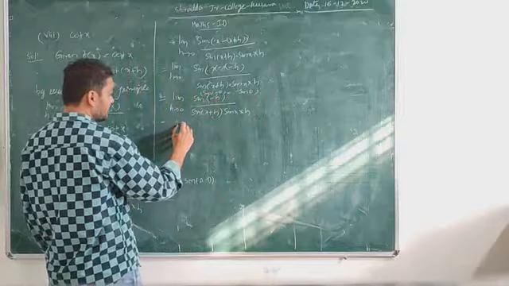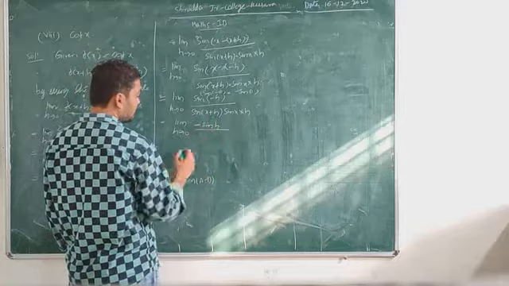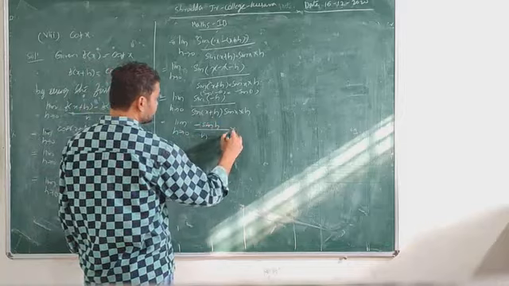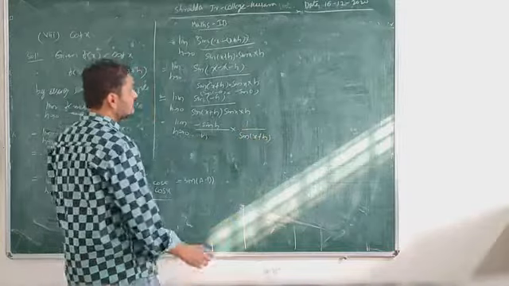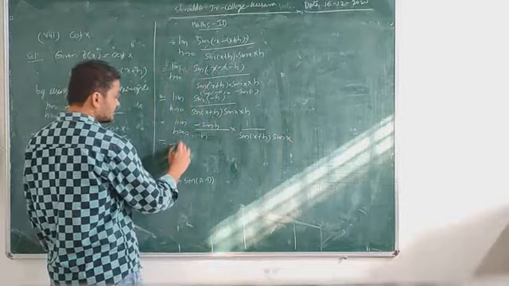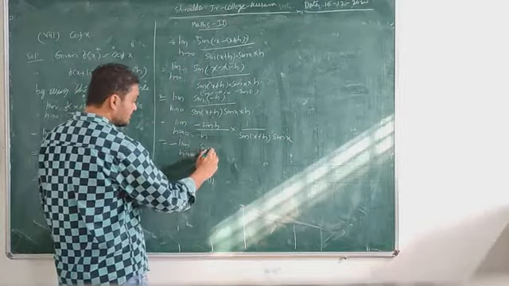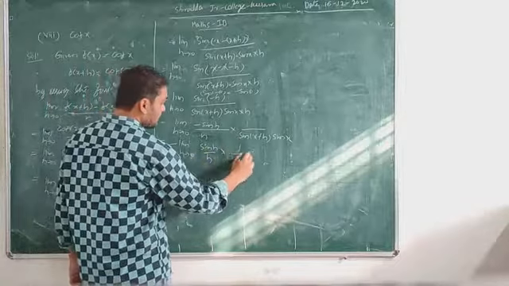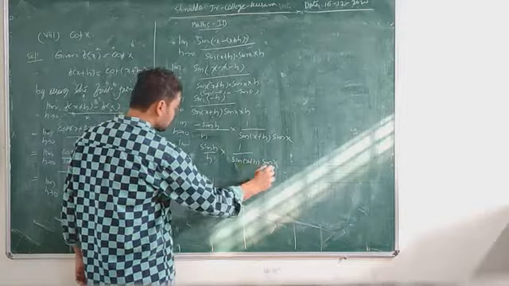Now here limit h tends to 0, minus sin h by h into 1 by sin of x plus h into sin x. Now here, minus limit h tends to 0, sin h by h into 1 by sin of x plus h into sin x.